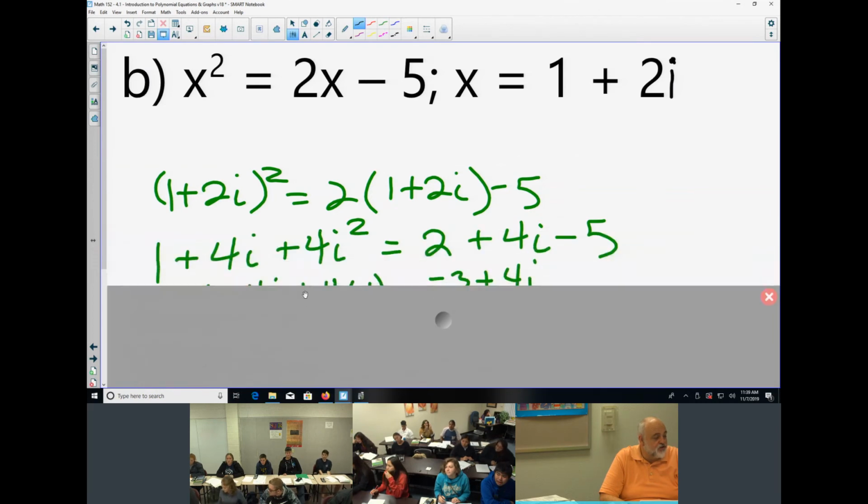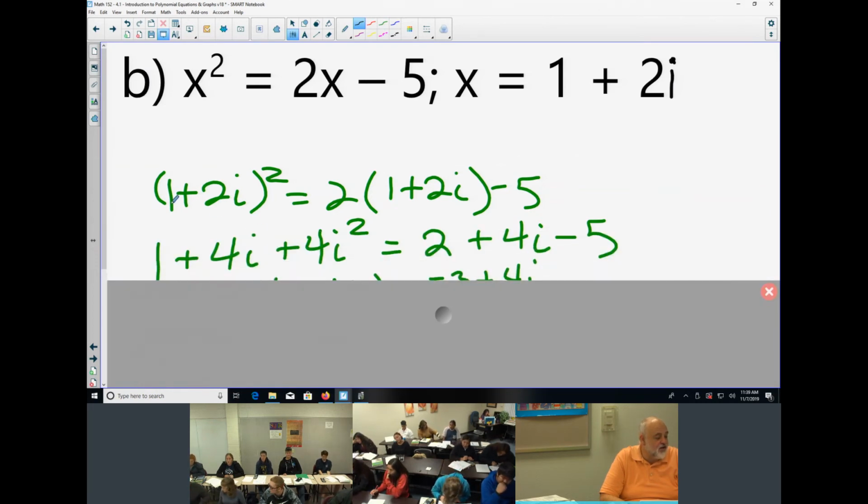So remember, when you square this binomial, you'll get a trinomial. So you get 1, and then multiply these two together, and then times it by 2. So you get plus 4i, and then 2i times 2i is 4i squared. Okay, here you distribute the 2 through, and so you get 2 plus 4i minus 5.